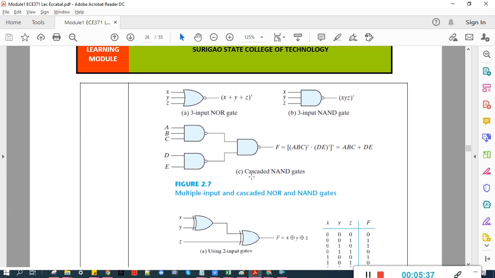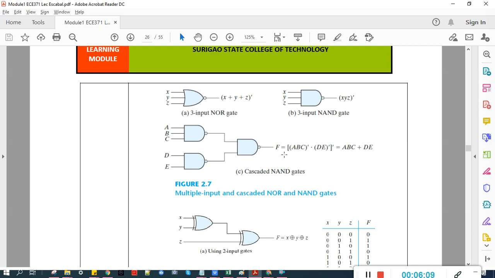Letter C, this is an example of a cascaded NAND gate. What is the Boolean function representation of this logic diagram? ABC is ANDed and then complemented. So (ABC) prime, then at the end we AND that with (DE) prime.